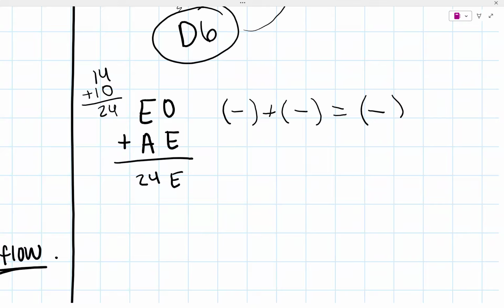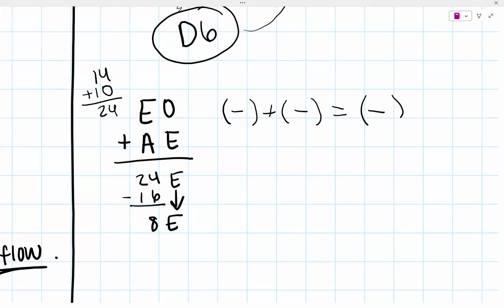It doesn't fall in base 16, so we're going to subtract base 16 by that. And so 24 minus 16, that should be 8. And the answer, and E we just bring down, right?